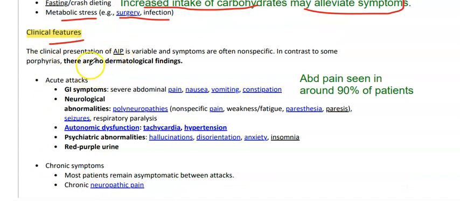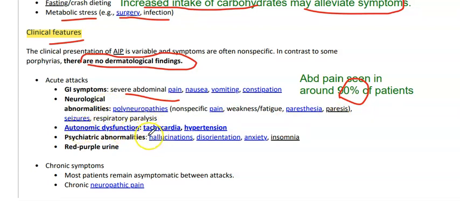Clinical features: there are no dermatological findings in acute intermittent porphyria. In an acute attack we have GI symptoms, neurologic abnormalities, and psychiatric symptoms. For GI symptoms, we have severe abdominal pain, present in about 90% of patients, nausea, vomiting, and constipation. Neurologic: polyneuropathies, non-specific pain, weakness, fatigue, paresthesia, paresis, seizures, respiratory paralysis.